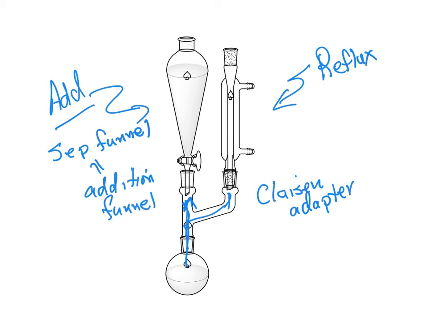That is, we can put things in our separatory funnel and use the stopcock to add them without opening up our system. But yet we can still have an open system that is available for reflux. So your refluxing solvent will come up here and run back down and back into your flask. So it lets us set up for addition and reflux simultaneously without having to go back and forth in terms of our glassware.